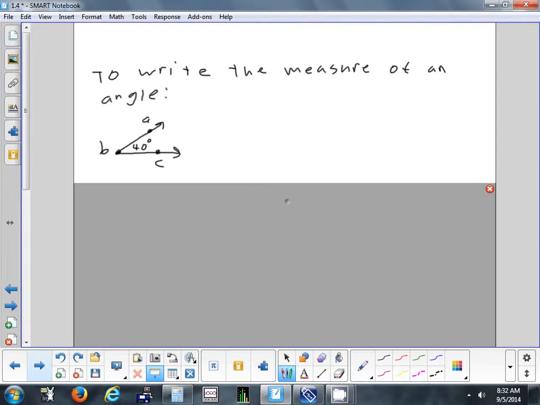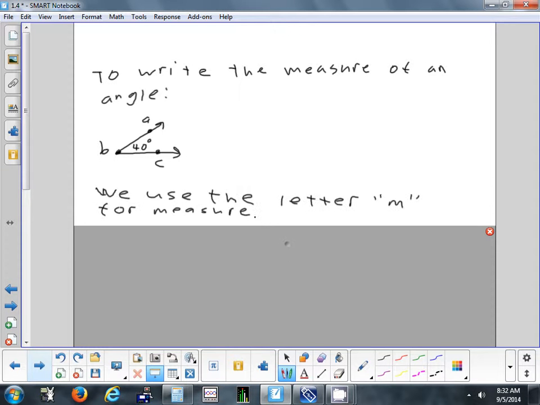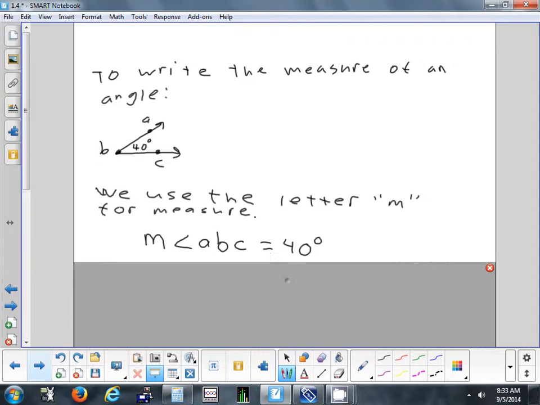So now we're going to talk about how we write the measure of an angle versus looking at the angle itself. So if you want to talk about the measure of angle ABC here, the way you write it is you put an M in front of the symbol. So this means the measure of angle ABC equals 40 degrees.